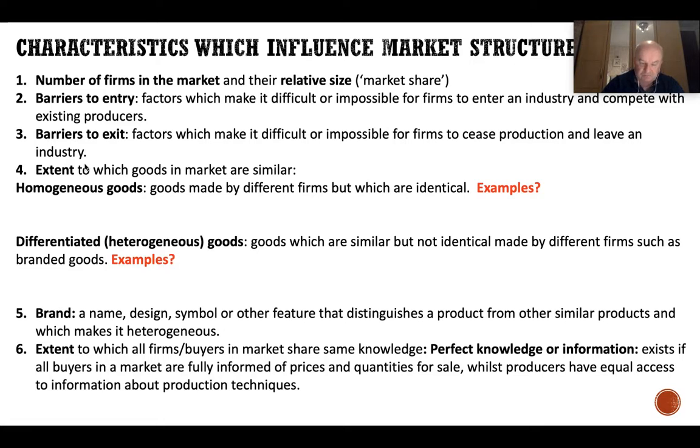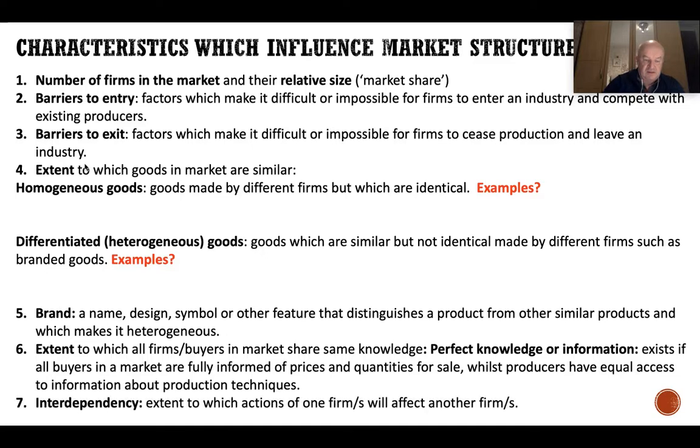The last one is interdependency. It's the extent to which actions of one firm will affect the actions of another. And clearly, particularly when we start talking about some of the more competitive market structures, interdependency becomes quite an important principle. So those are 7 really important characteristics that you need to understand.